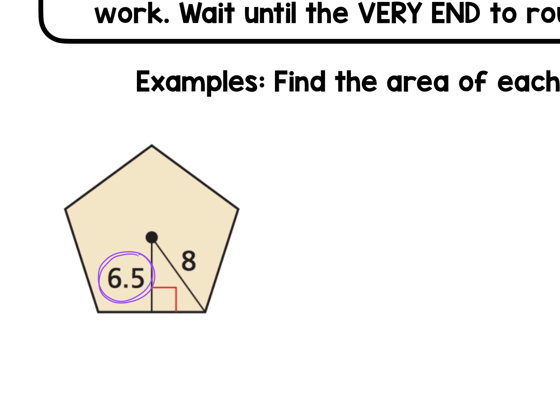Well, at this point, I know nothing about the side length, but I can figure it out using the Pythagorean theorem. So with this triangle, I'm going to call this bottom part x, and I'm going to do the Pythagorean theorem to find x.